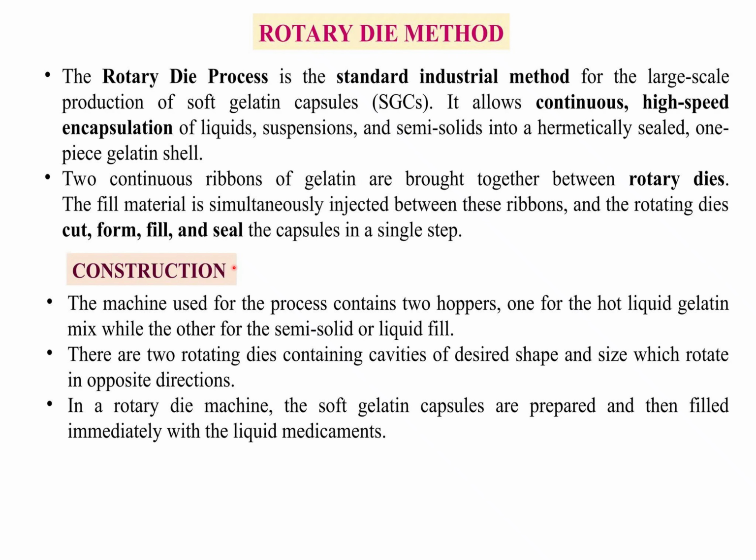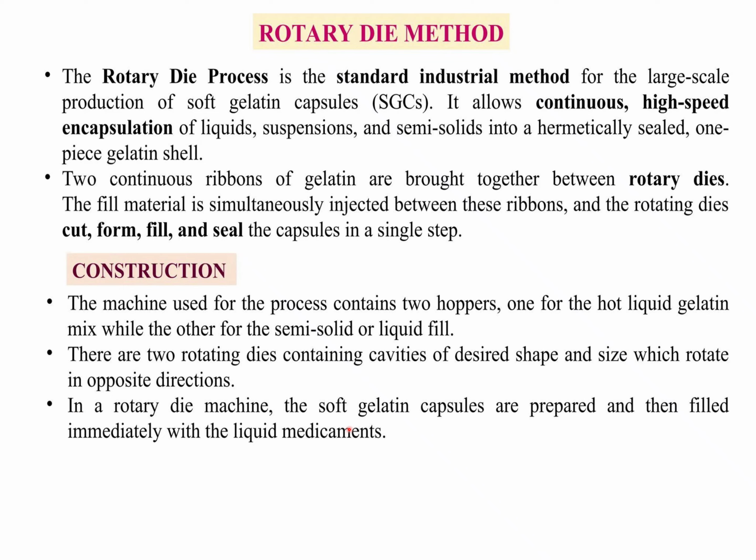So now let's see the construction of this machine. The machine used for the process contains two hoppers, one for the hot liquid gelatin mix while the other is for the semi-solid or liquid fill. There are two rotating dies containing cavities of desired shape and size which rotate in opposite directions.